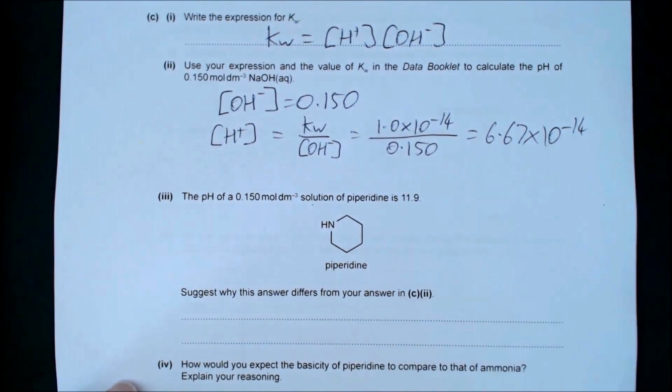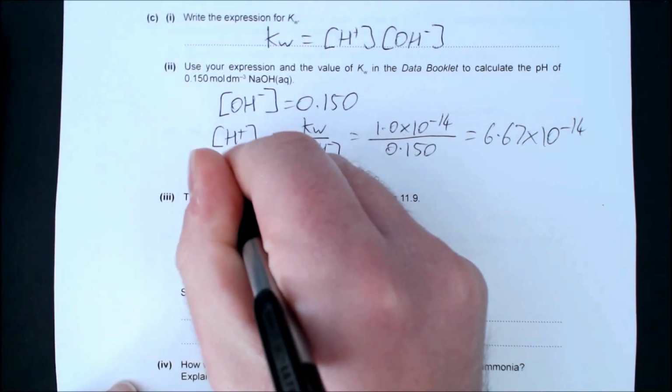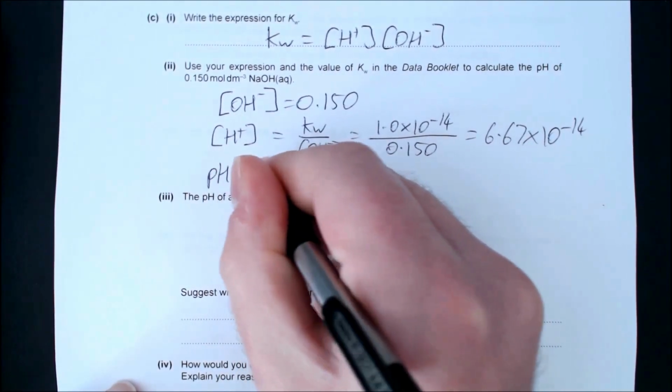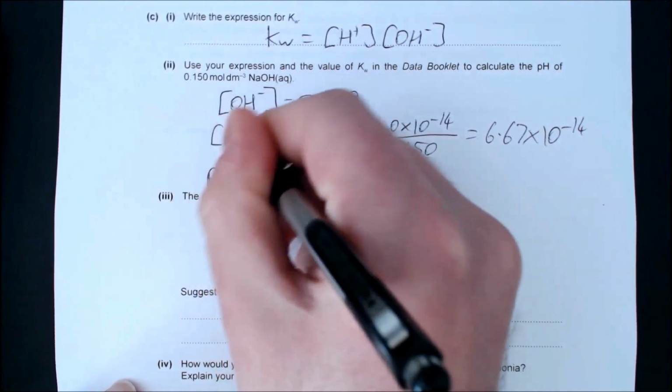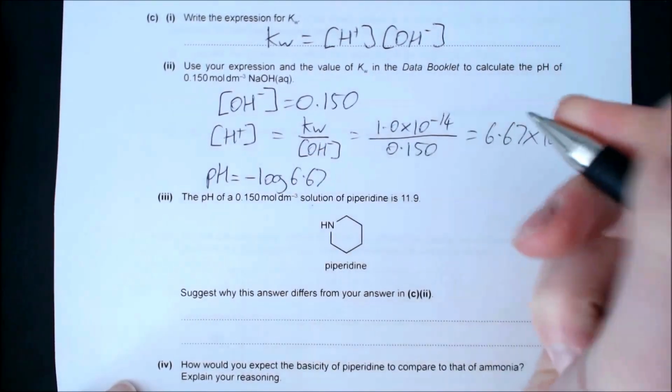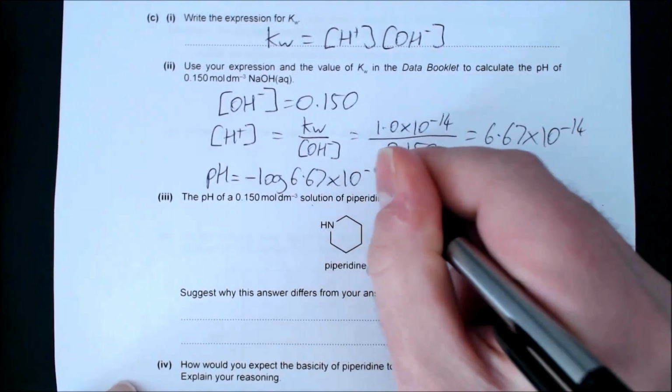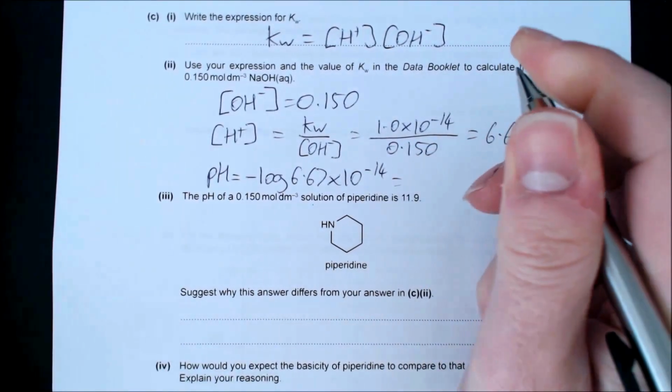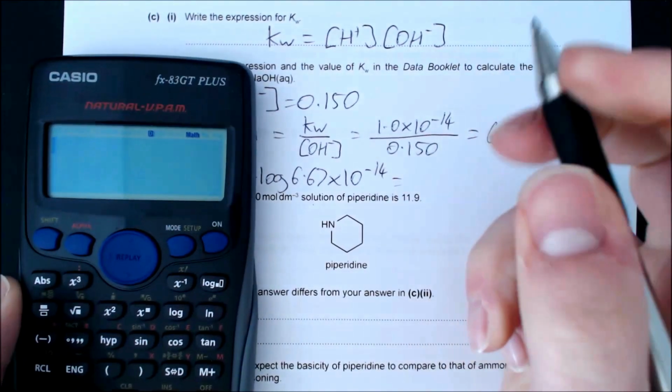Then once we've done that, we need to work out pH. So pH equals the minus log of H plus. H plus is 6.67 times 10 to the minus 14. So let's just grab this, put this in here.